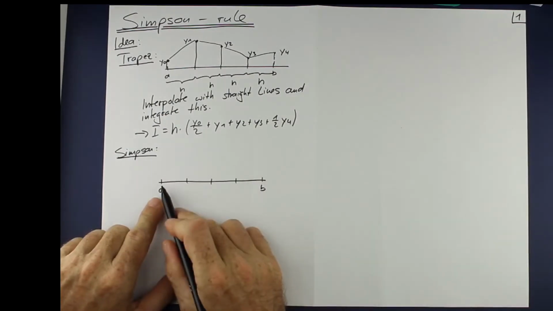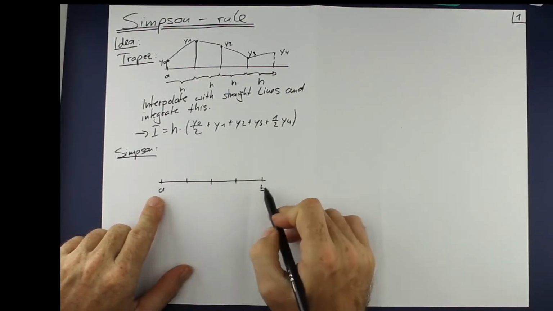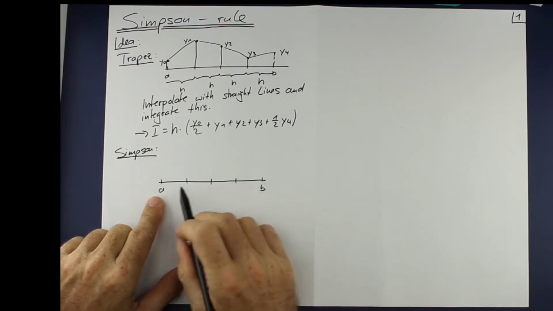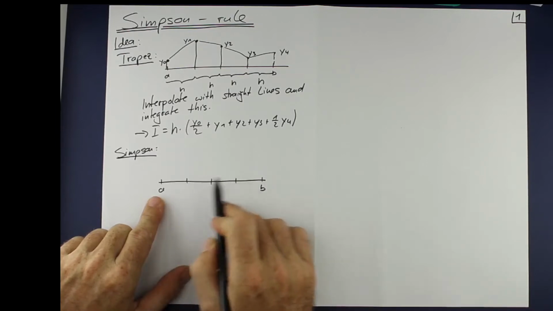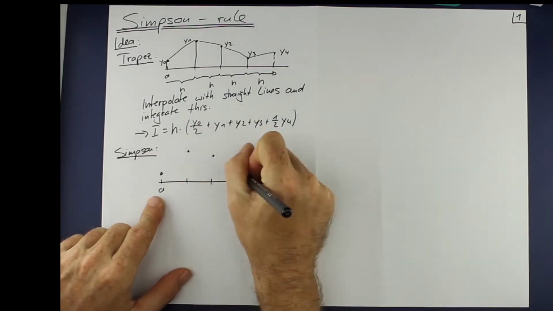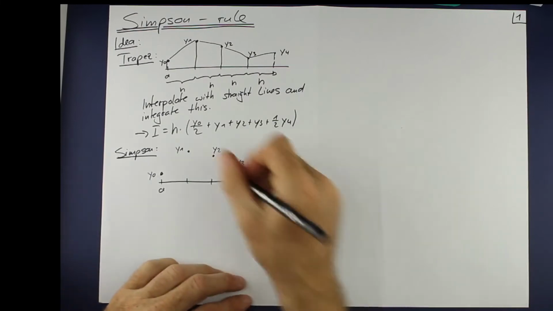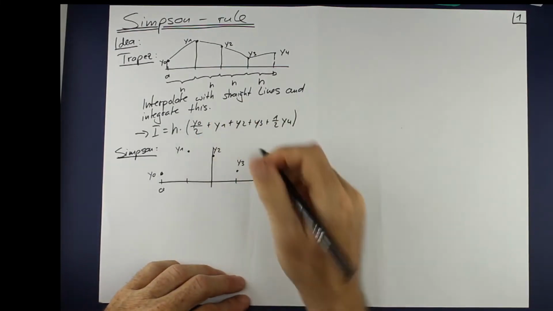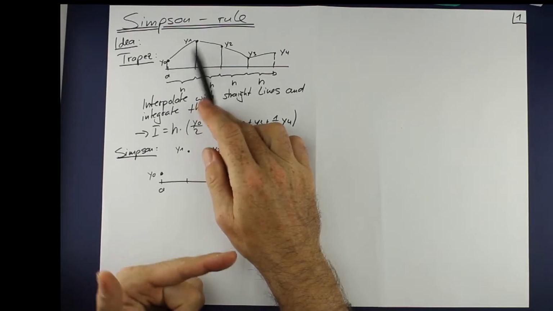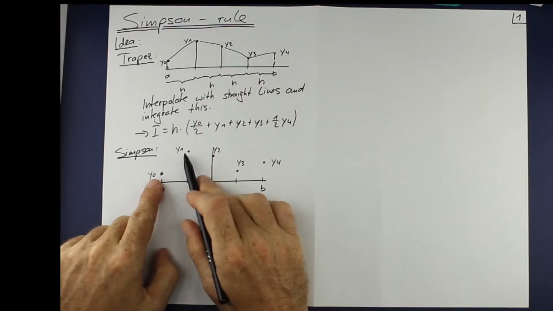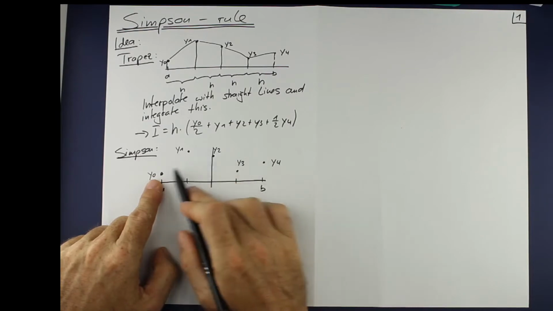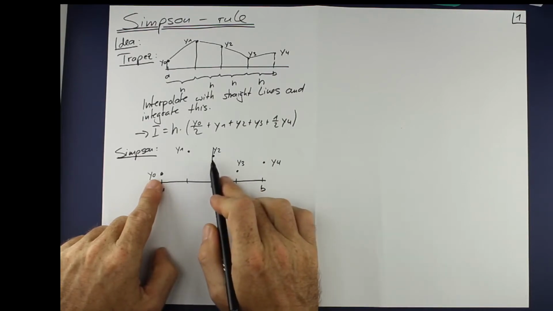We do the same. The first point is a, the last point is b. This is the integration interval. And then linearly spaced, all distances the same, we evaluate the function. And then what is the new thing? Instead of interpolating with straight lines, we can use 3 points, and then we can find the parabola interpolating these 3 points.